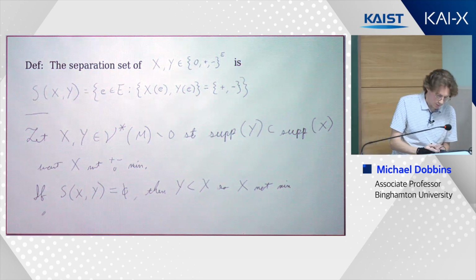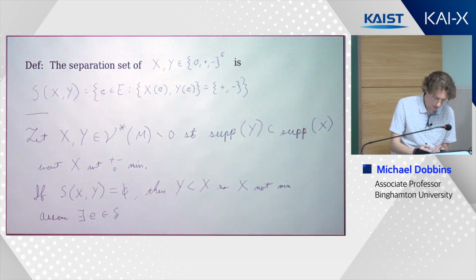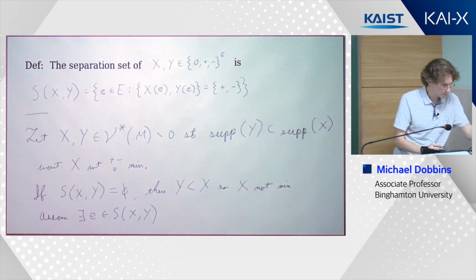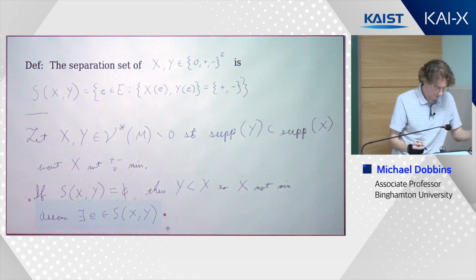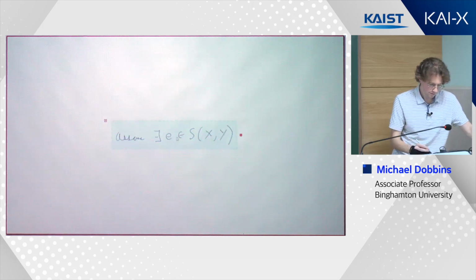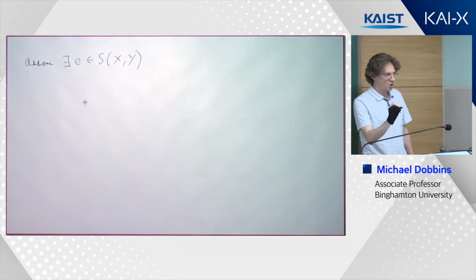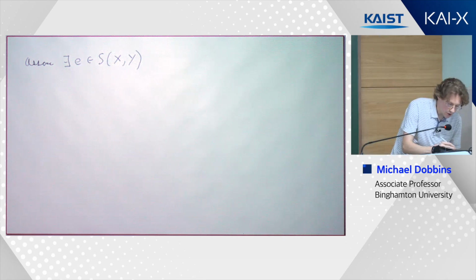So let's assume there is some element in the separating set, and now we can move a little bit, we can look at the ray going from one corresponding vector to the other.